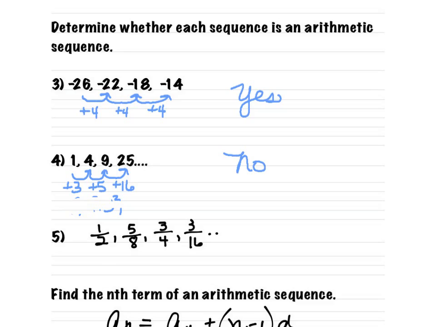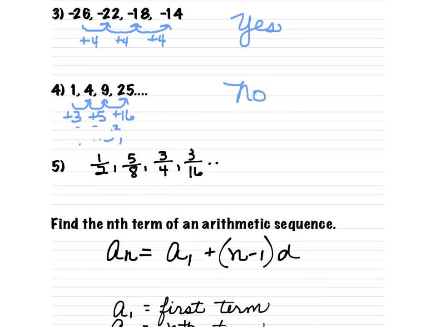Okay, let's look at number 5 now. Number 5. 1/2, 5/8, 3/4, 3/16. Well, in order to determine whether this has a common difference or not, I think the first thing we need to do is get everybody to have the same denominator.